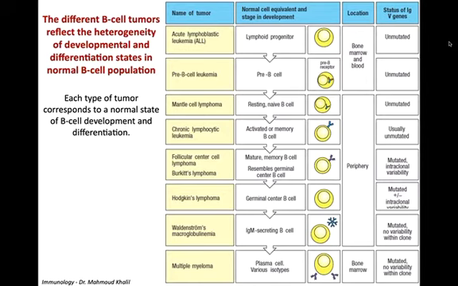In other words, we have different stages in the differentiation of B cells: late pre, early pre, immature forms, and mature forms. Any abnormality can lead to a specific type of tumor related to this stage.